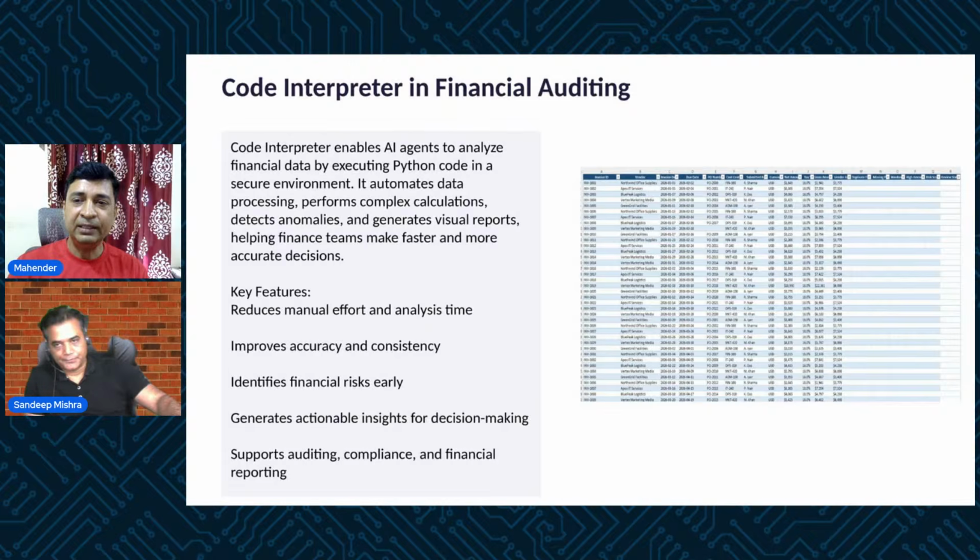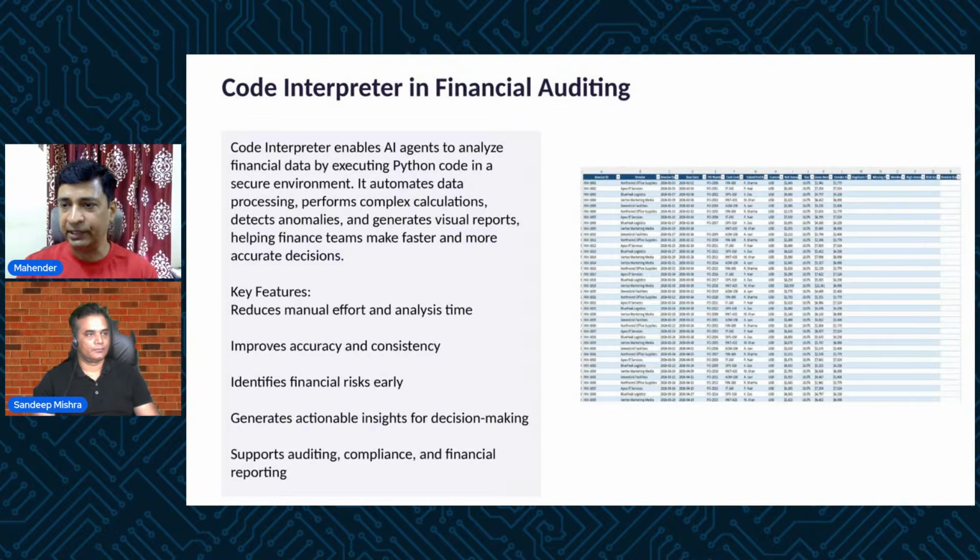Going through them manually can be a very lengthy process, and we can have different types of issues and errors. That's why we can use the code interpreter here, which helps us analyze the data that we submit.